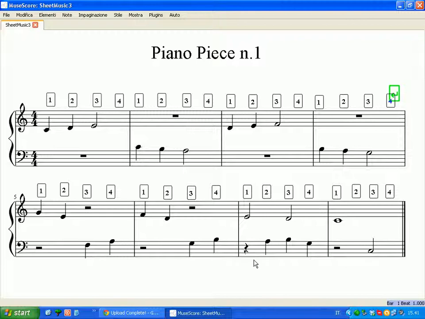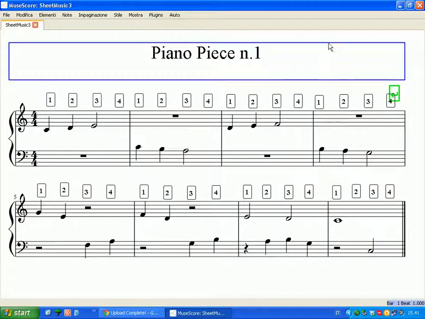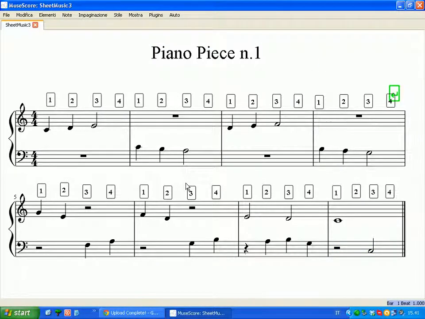Well, so what I want you to do now is to try on your own to sing the left hand staff part, the left hand staff from the beginning to the end, starting from this bar to this one, as I did before for the right hand staff. But before I show you how to do it, I want you to try to do it on your own.